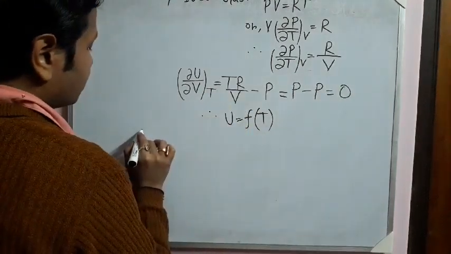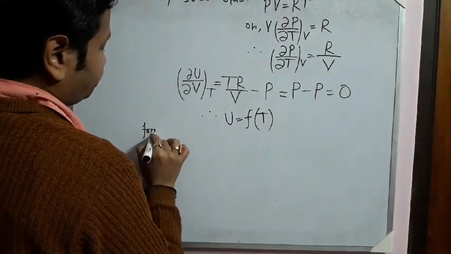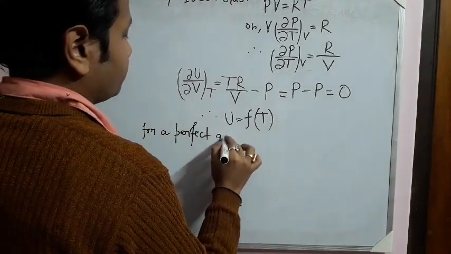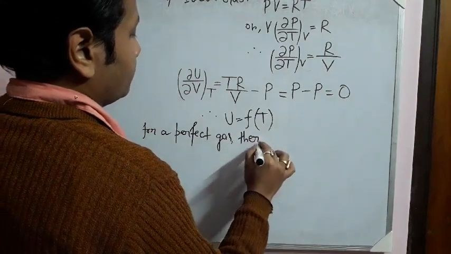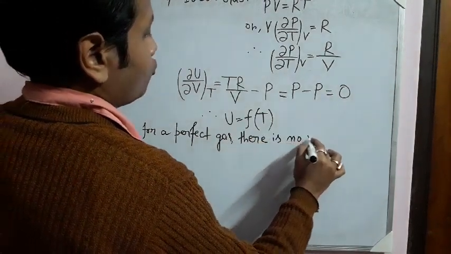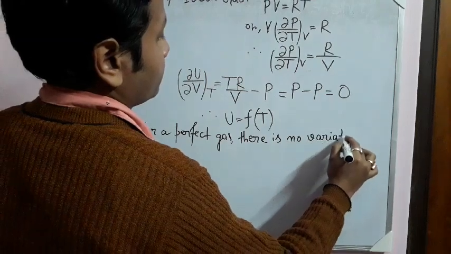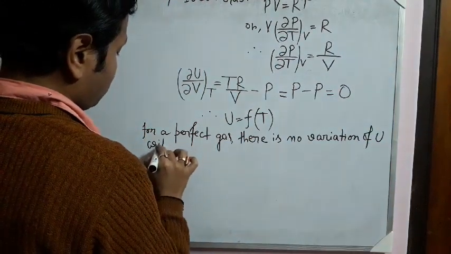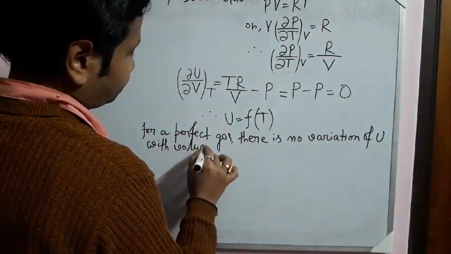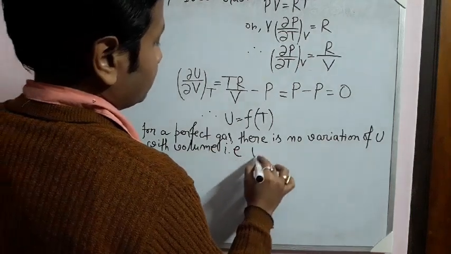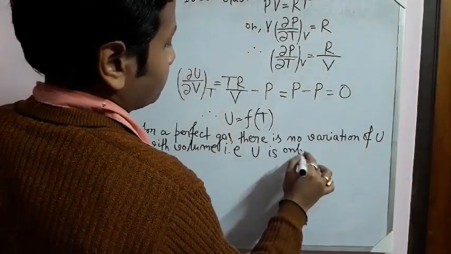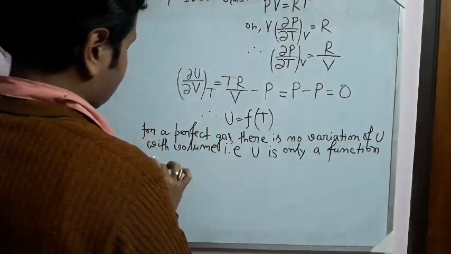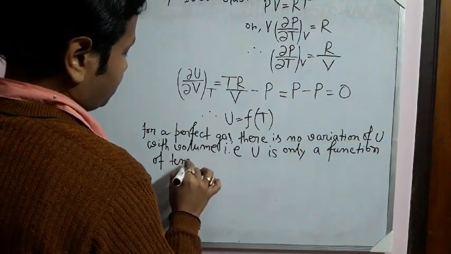So we can clearly say for a perfect gas there is no variation of internal energy with volume, that is, U is only a function of temperature.